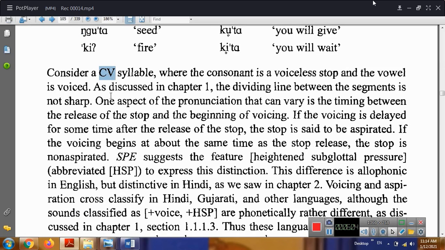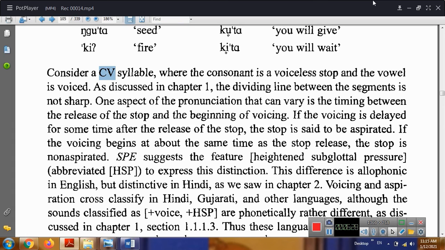Consider a CV syllable, a syllable which has a consonant and a vowel without any coda, which we call an open syllable. Consider a CV syllable where the consonant is a voiceless stop, like p, and the vowel is voiced.